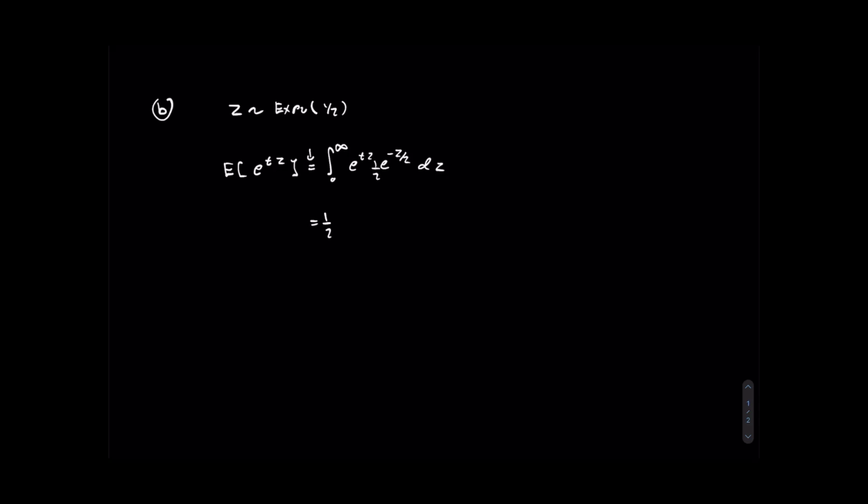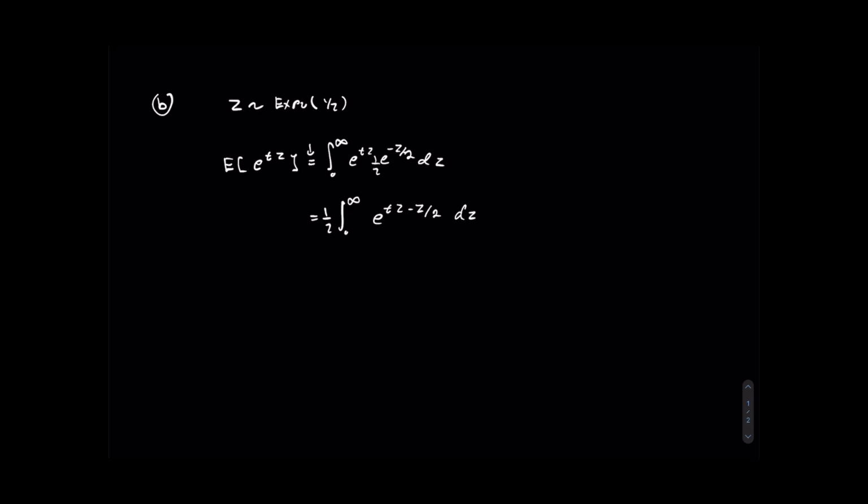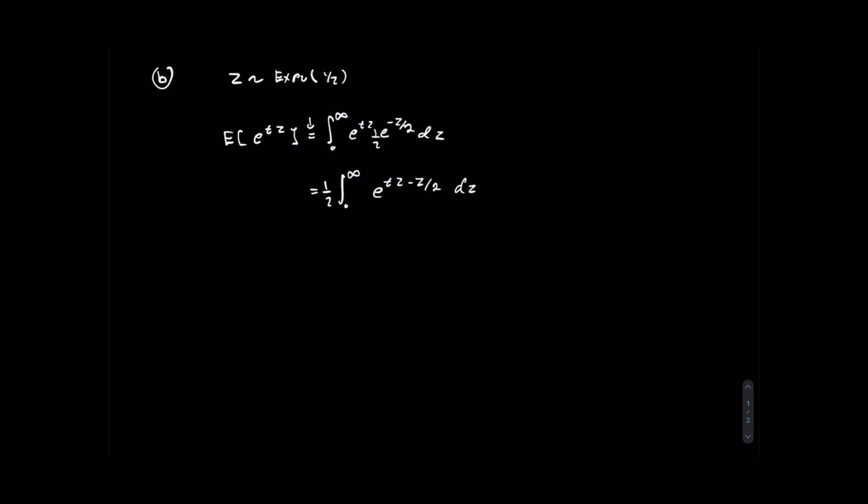We can now take out the constant, and by the rules of the exponential, write e to the tz minus z over 2. This looks awfully similar to z, so I'm going to write it again there as z over 2.